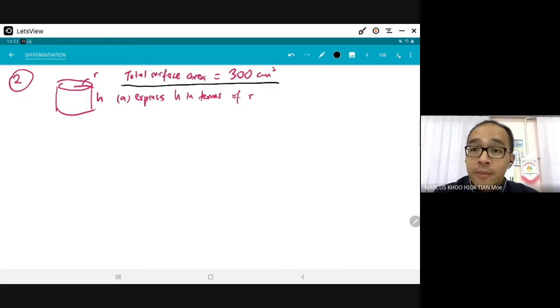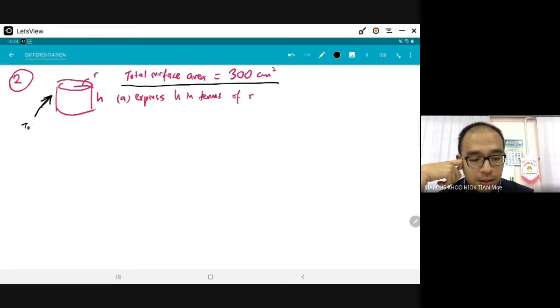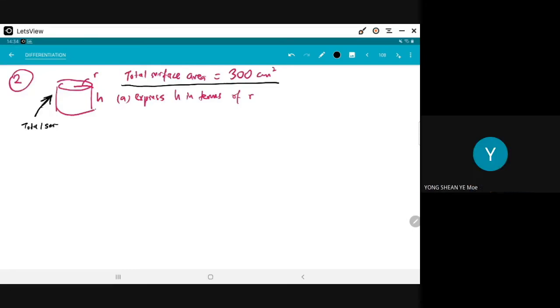The only information they give you is this total surface area. Does anybody remember the formula for the total surface area of a cylinder? Pi r squared h?